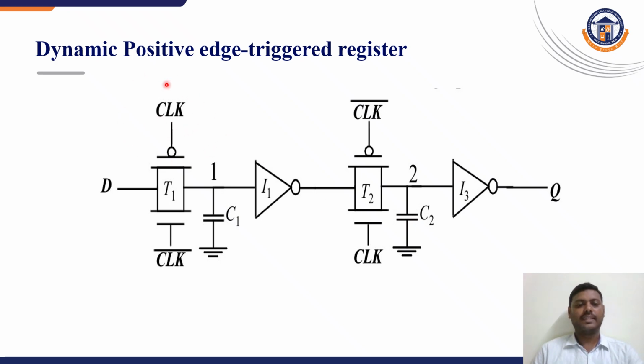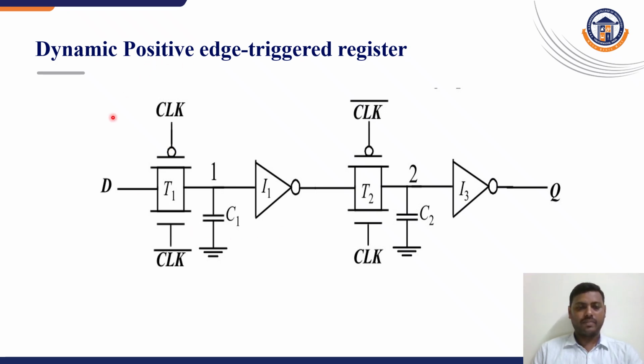Whenever the clock signal is 0, the capacitance at T1 holds the value of the gate capacitance of I1, the junction capacitance of T1 and the leakage capacitance of T1.